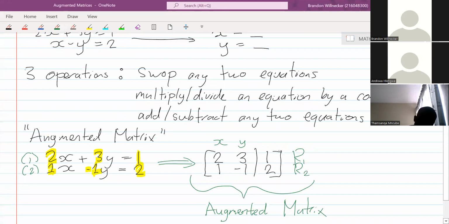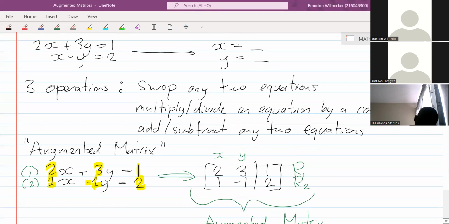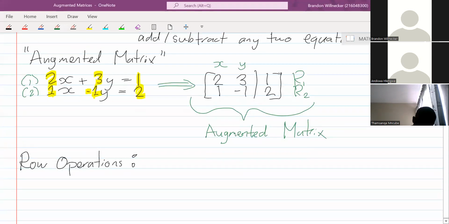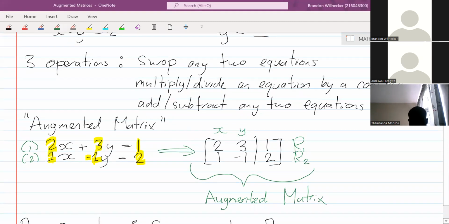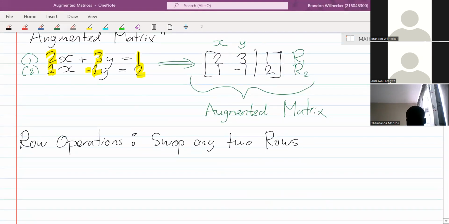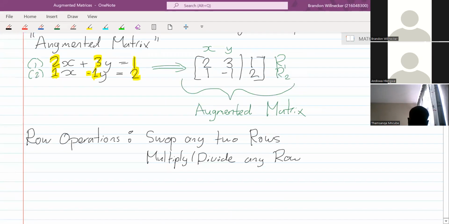Okay, so the first operation was swap any two equations. Now the first row operation will be swap any two rows. The next one was multiply or divide an equation by a constant. So here we're going to multiply or divide any row by a constant.